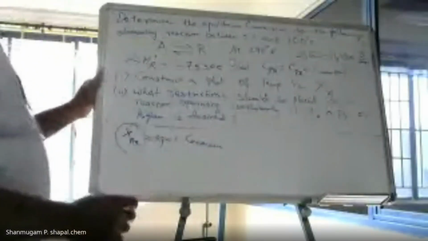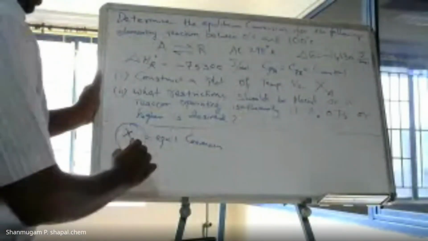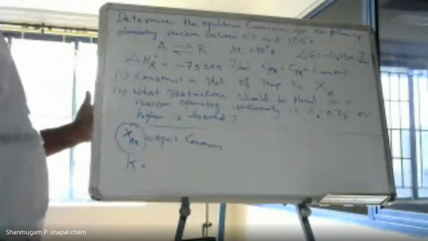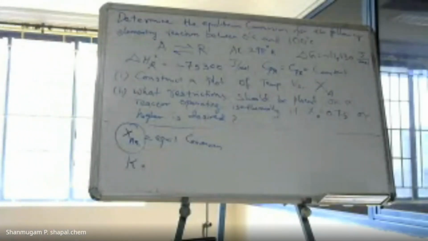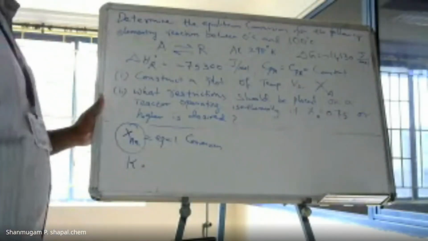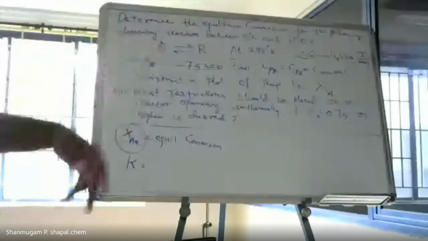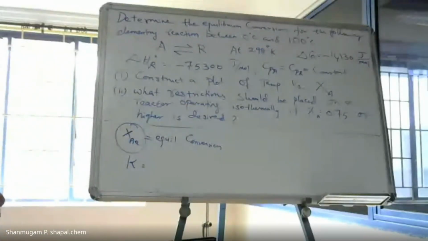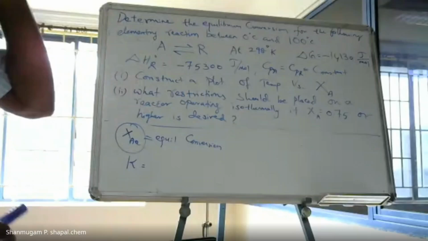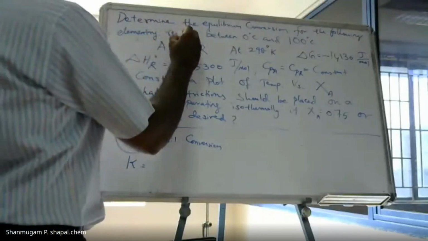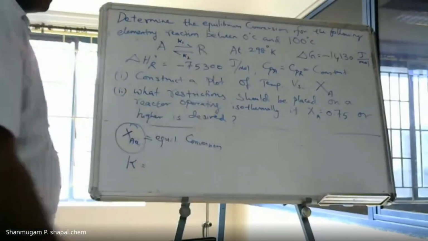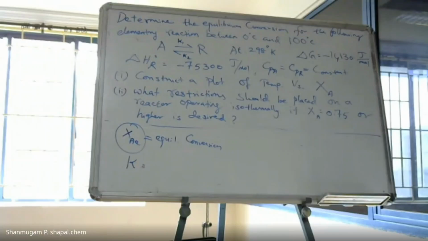Similarly, the equilibrium constant will be K. So just remember these things: the equilibrium conversion and the equilibrium constant. And this is a reversible reaction where A gives R, and here you keep K1 and K2. So just fix K1 and K2.